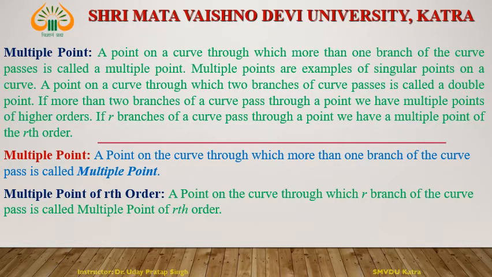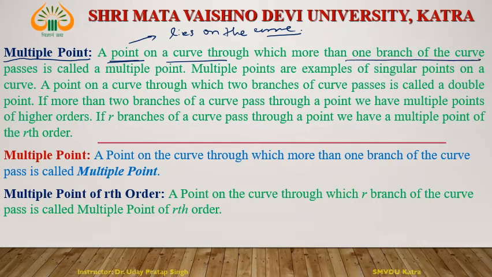Next, multiple point. What is a multiple point? The first condition is that this point lies on the curve. A point on the curve through which more than one branch of the curve passes is called a multiple point.